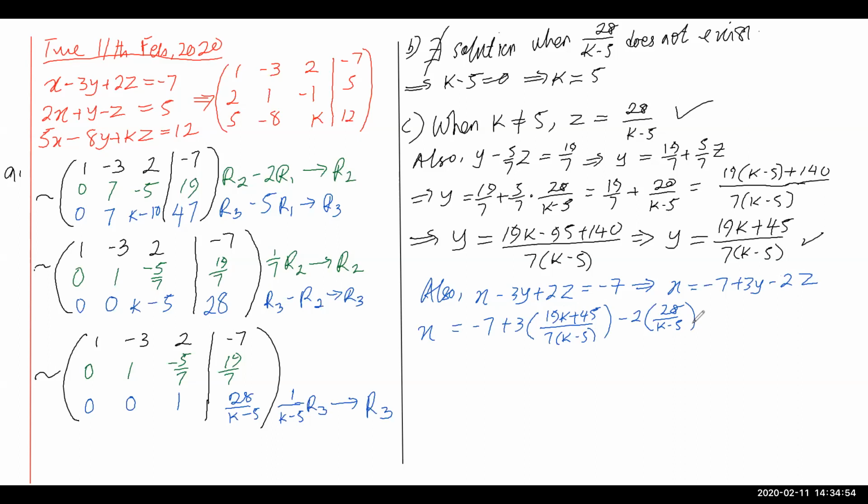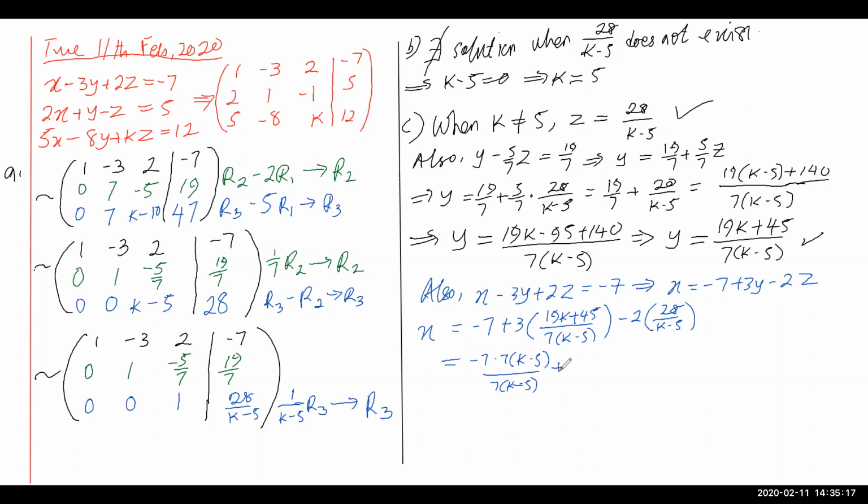So this is what we simplify, and that gives us our x in terms of k. Okay, so we do that. So this will be negative 7. Actually, the LCM will end up becoming 7 times k minus 5. So I have negative 7 times 7 times k minus 5 divided by 7 times k minus 5. Okay.